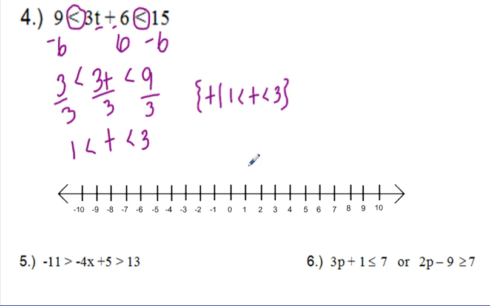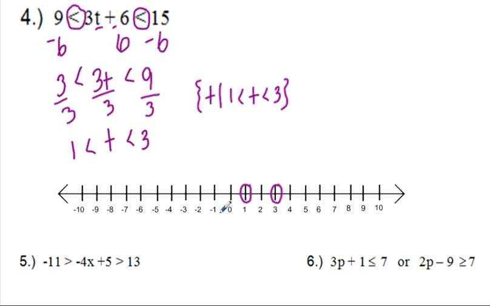I have 2 less than symbols, which means at the number 1 and at the number 3, I'm going to put 2 open circles. This means 1 and 3 are not part of my solution region.